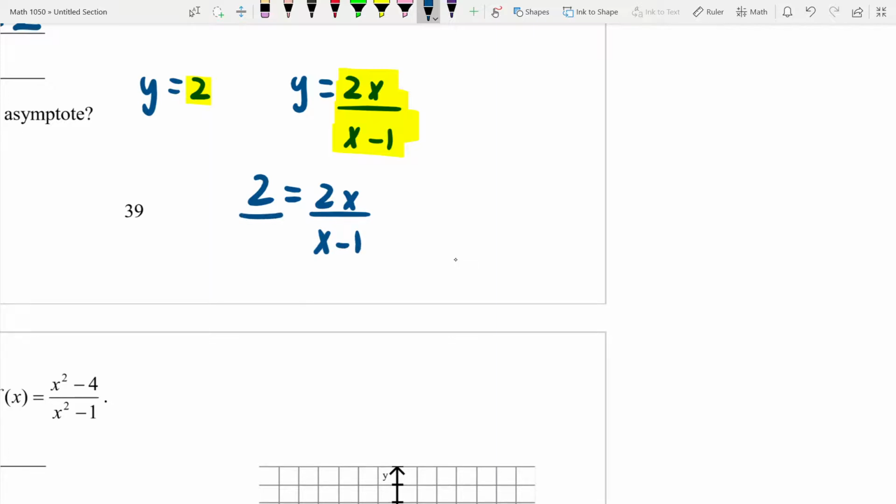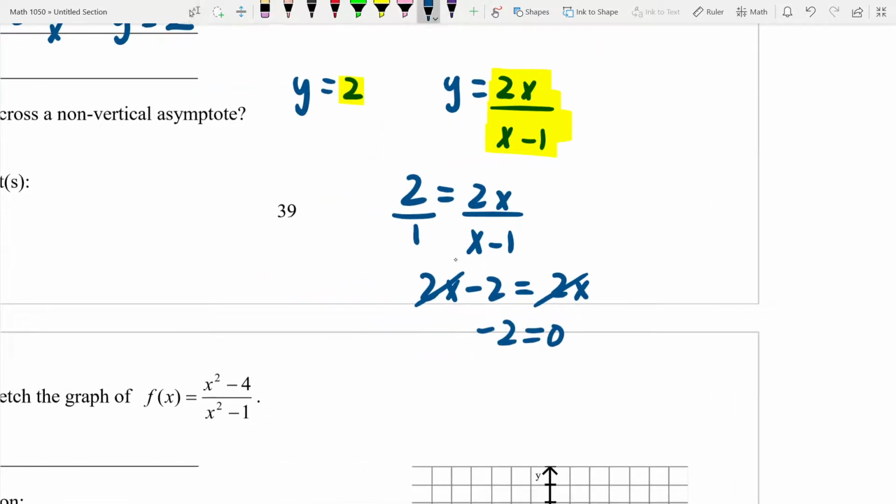Then you cross multiply. Distribute the 2, and you have 2x minus 2 equals 1 times 2x, which is 2x. This 2x comes over and becomes a negative and knocks that guy out. So now I have negative 2 equals 0. Is negative 2 equal to 0? No. So does it cross a non-vertical asymptote?